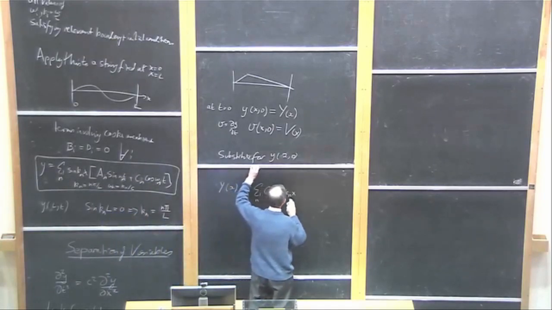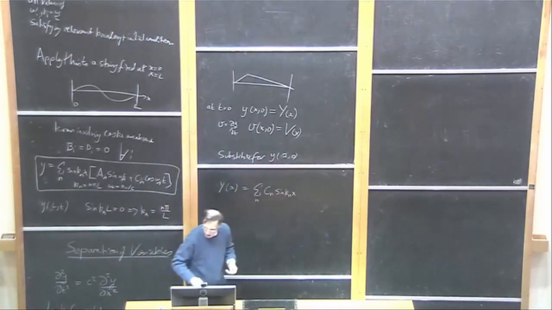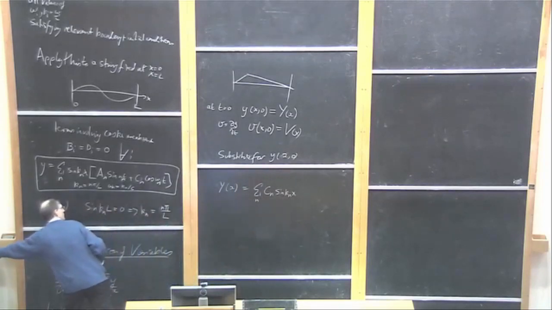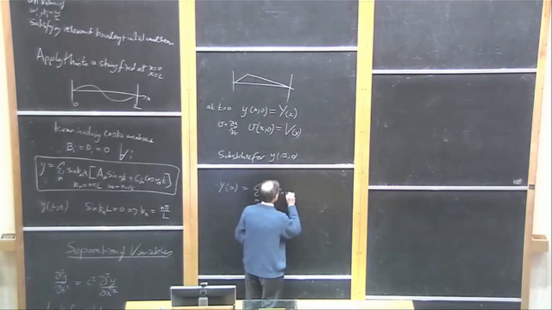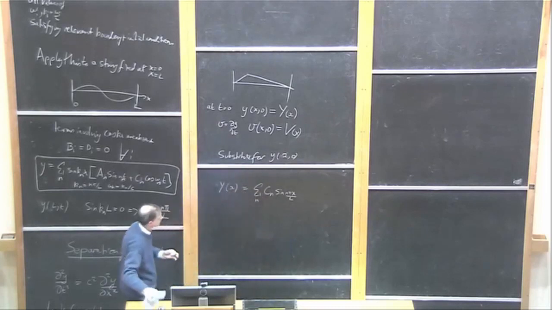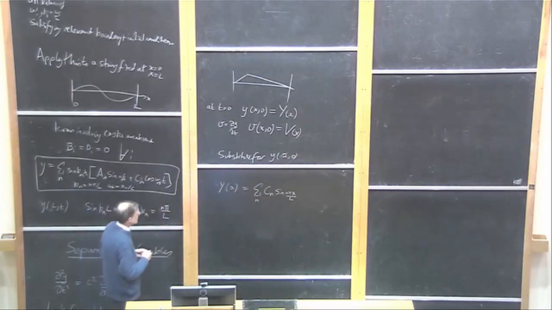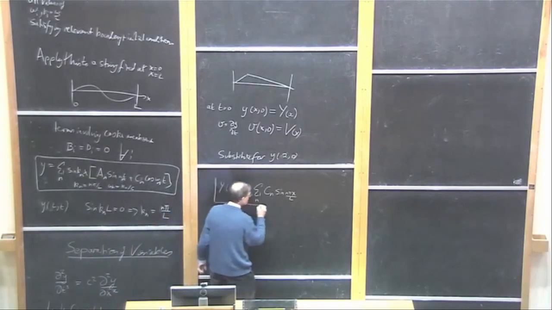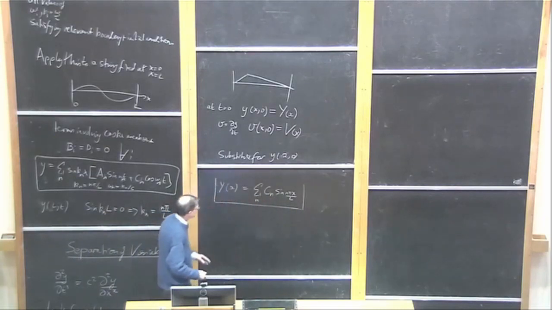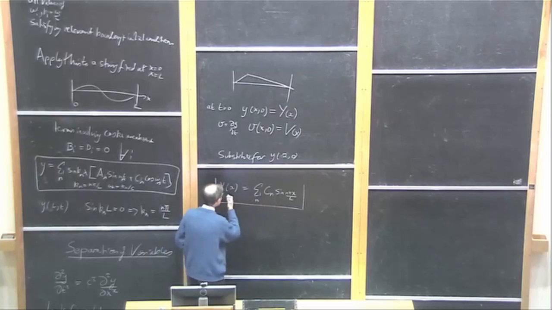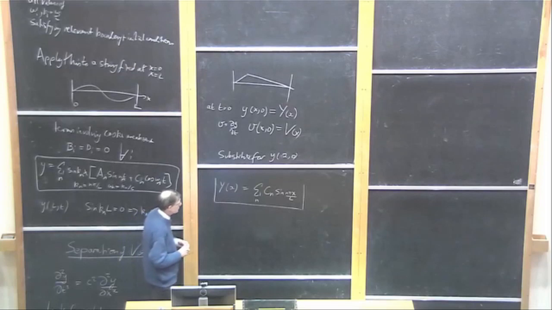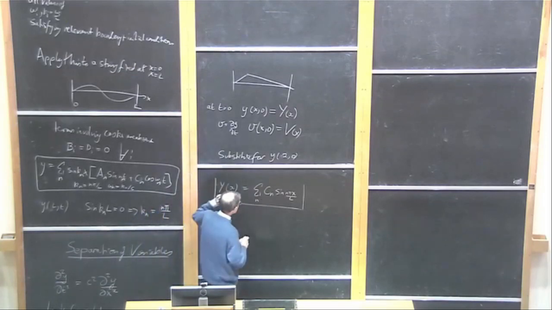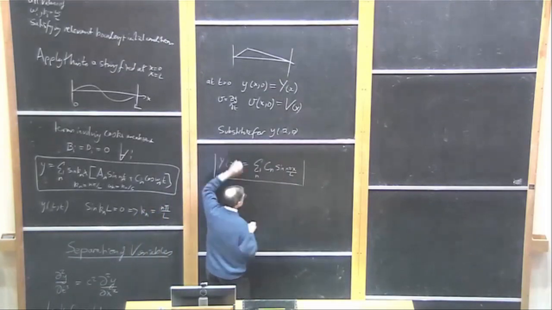And k n x is explicitly n pi x over L. So that's how we determine the c's, except they're all bound up together in here, and we have to extract them and in some way get an explicit expression for them. And I'll return to how you do that in general, as I say, in a later lecture.